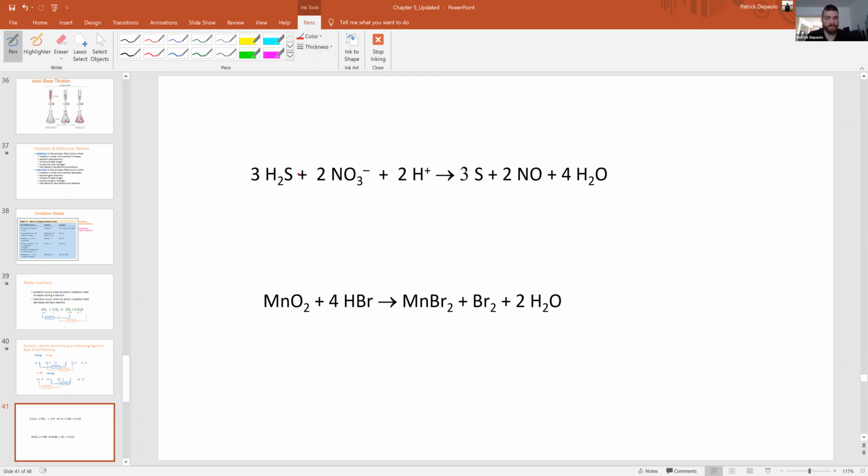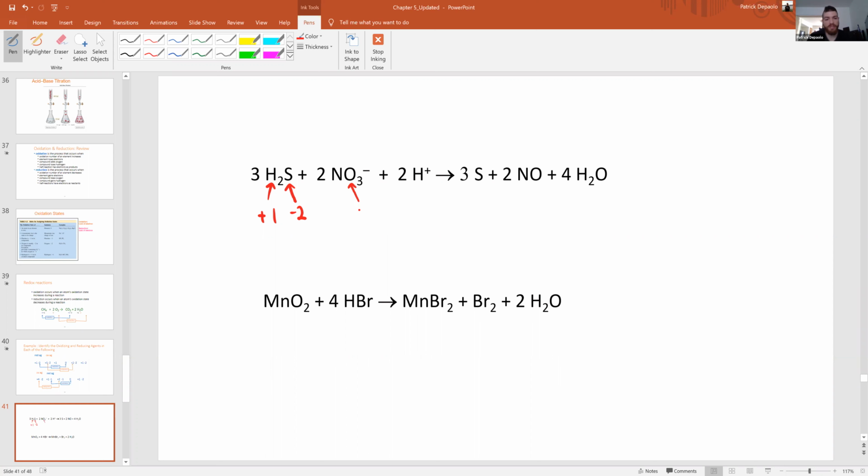All right, so let's go element by element and see what is oxidized and what's being reduced. The first thing is always assign oxidation numbers. So H2, hydrogen +1. Since sulfur changes, but we know there are 2 hydrogens, +1 +1 = +2, there is no net charge, which means the sulfur has to be -2.